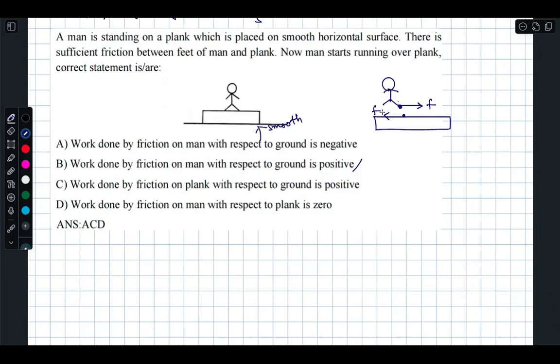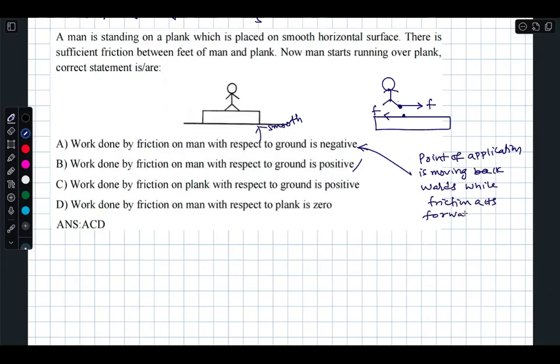The point of application is moving back, while friction acts forward.